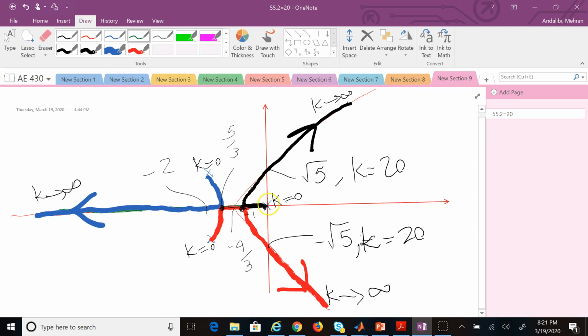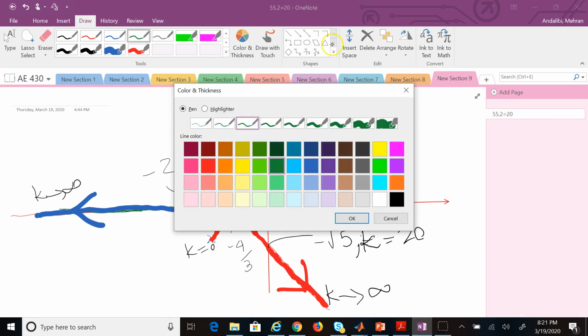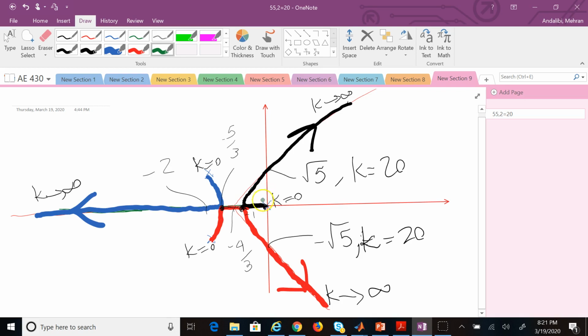So what I do is I draw a line here. Let me make this thicker for you so that you can see. So I draw a line like this with angle 60 degrees, something like that. And this one, because that's also the same thing, right? That's just negative 60.